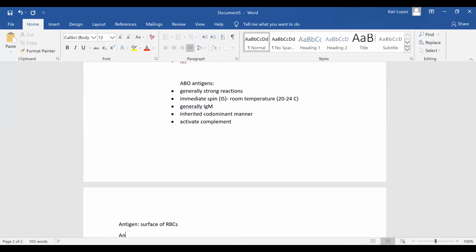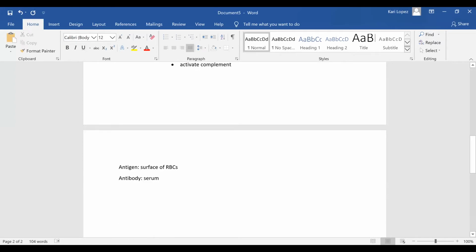And then antibody is going to be found in sera. So either reagent anti-sera, or in the serum from the patient or donor. Next, you've got reagent red blood cells. They will always be red and blood-like color.